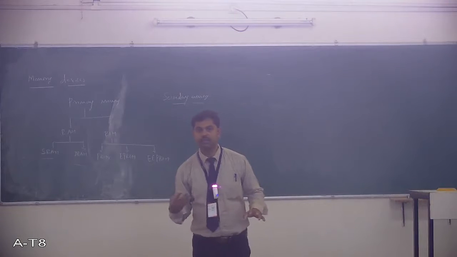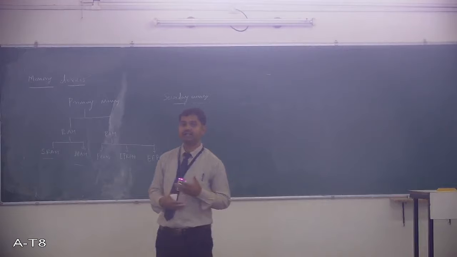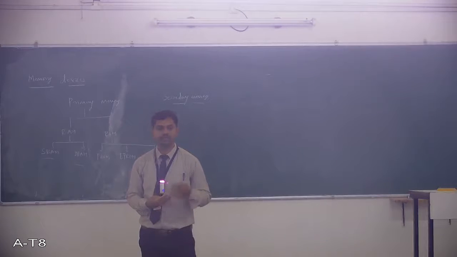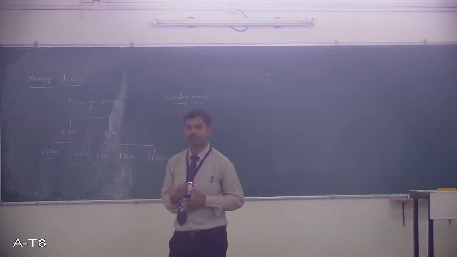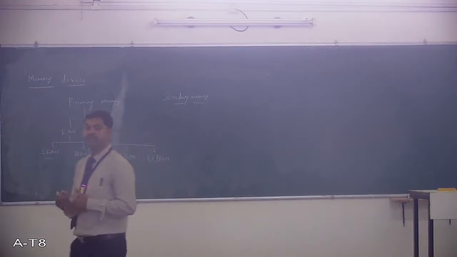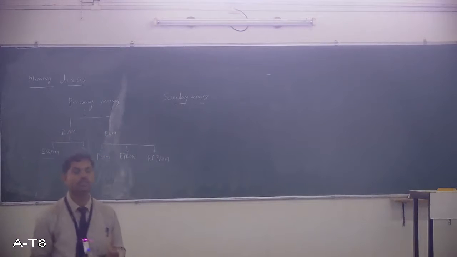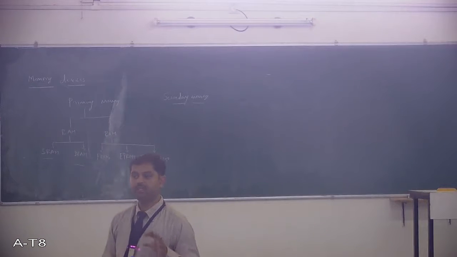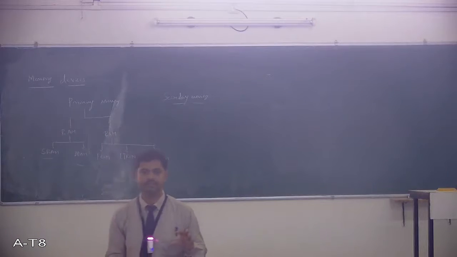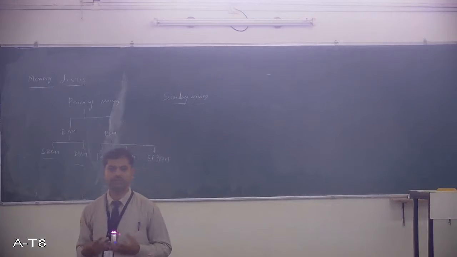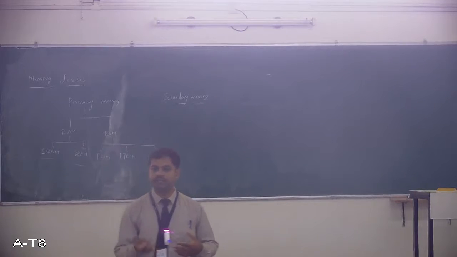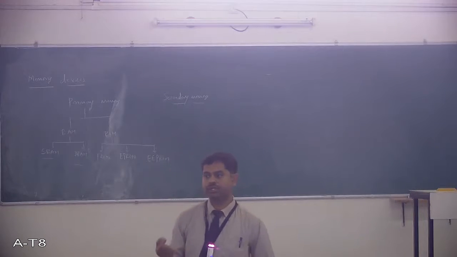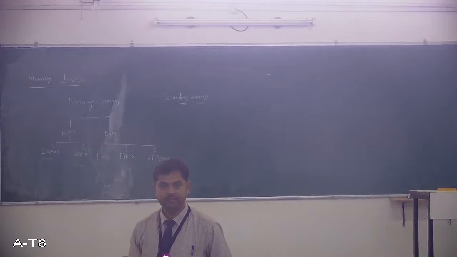After all, memory also has certain electronic circuits. Using that only it is capable of storing the bits. So in SRAM we use some amount of flip-flops and transistors. Inside circuitry I am not going to deal with, but the components we use to build such memories are flip-flops and transistors.